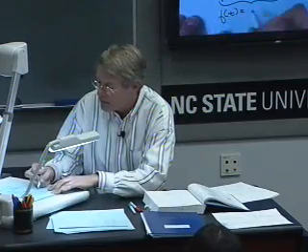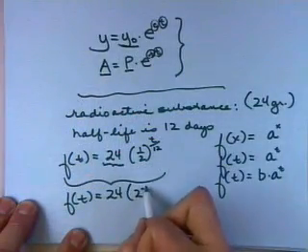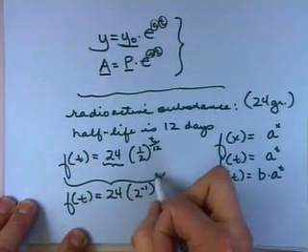Now we could keep the base at 1/2. That, to me, looks more like a decay problem. We would expect that with the base less than 1. Or you'll see this done: 1/2, I did this before, is really 2 to the negative first.